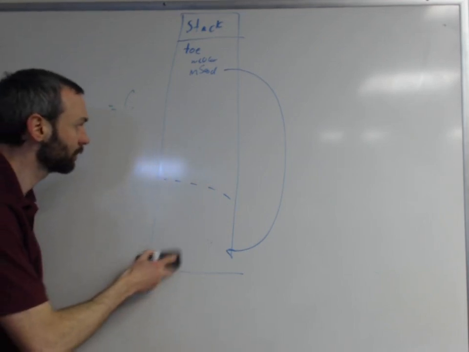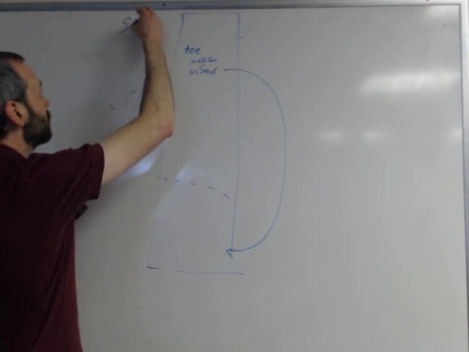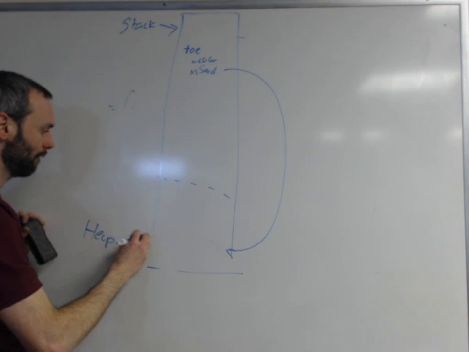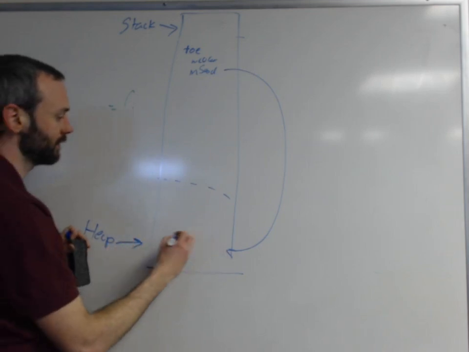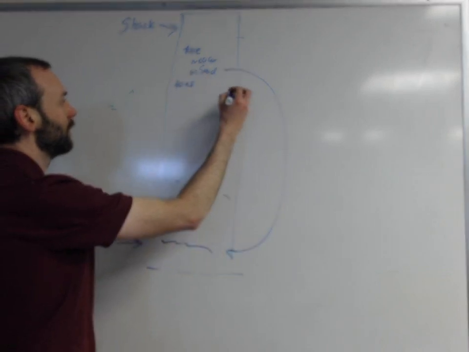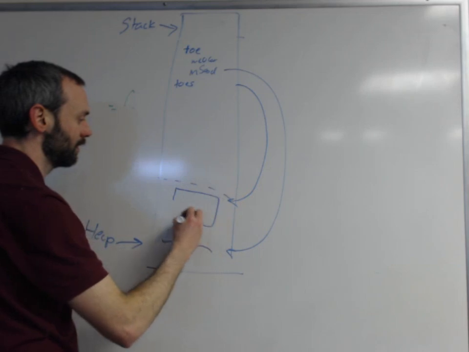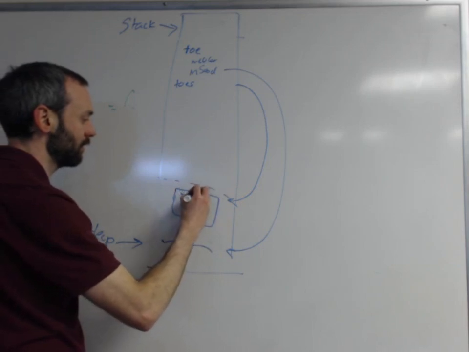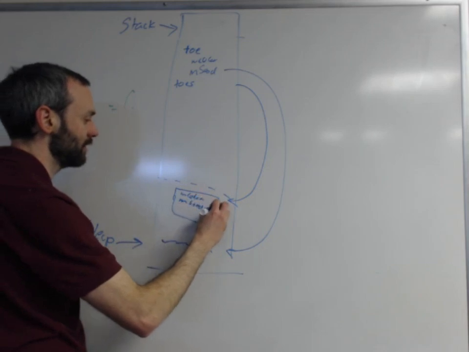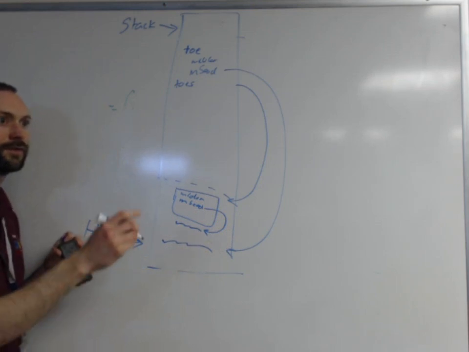Let me do it this way so it makes a little more sense. So it's down here somewhere. TOE2 actually points to an object over here that has mColor and mSeed, and its mSeed points to a different piece of memory, maybe right here.